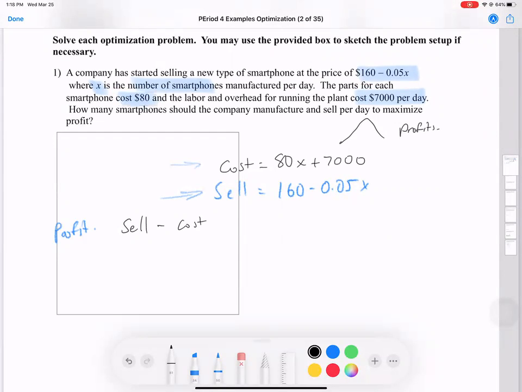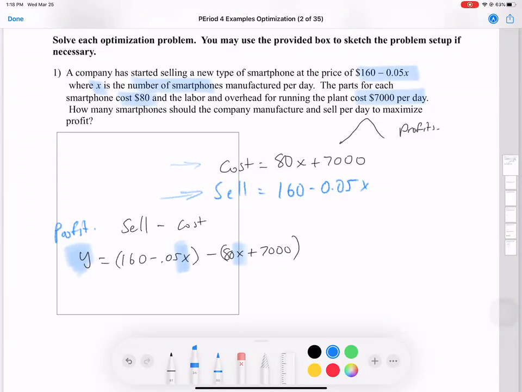We're going to say our profit, let's call that profit y, is equal to 160 minus 0.05x. That's my sell price. And then we subtract from that the cost per day. Okay, and one cool thing is that we have y on one side, and we have only one variable, x, here.